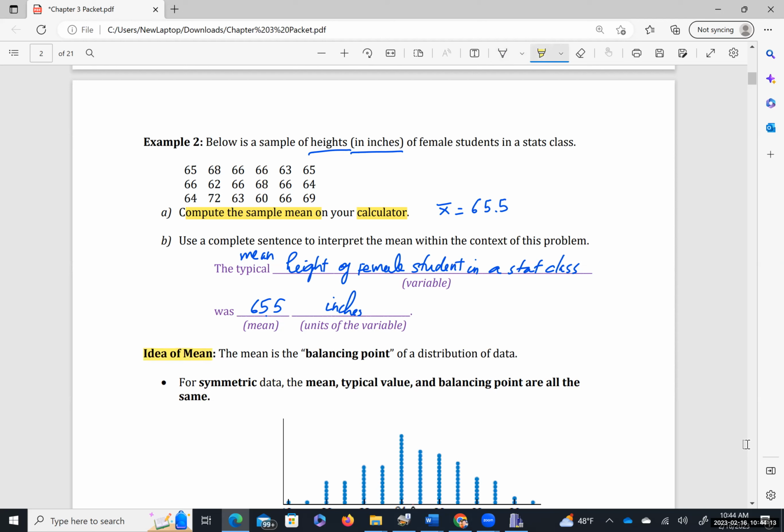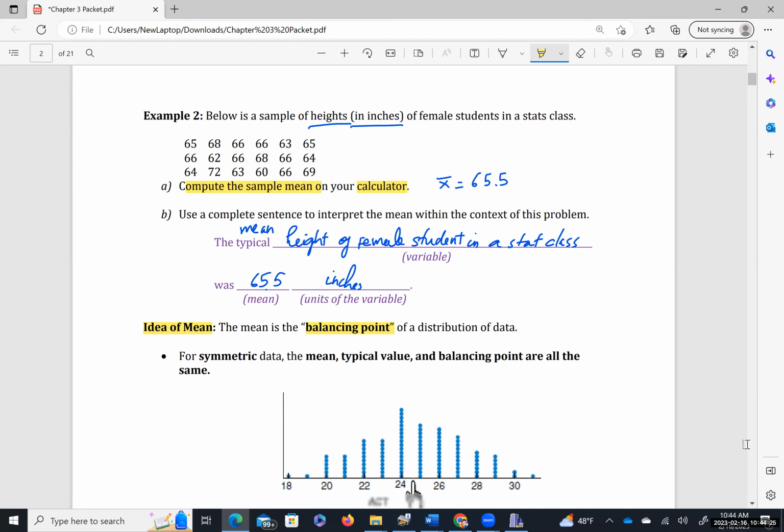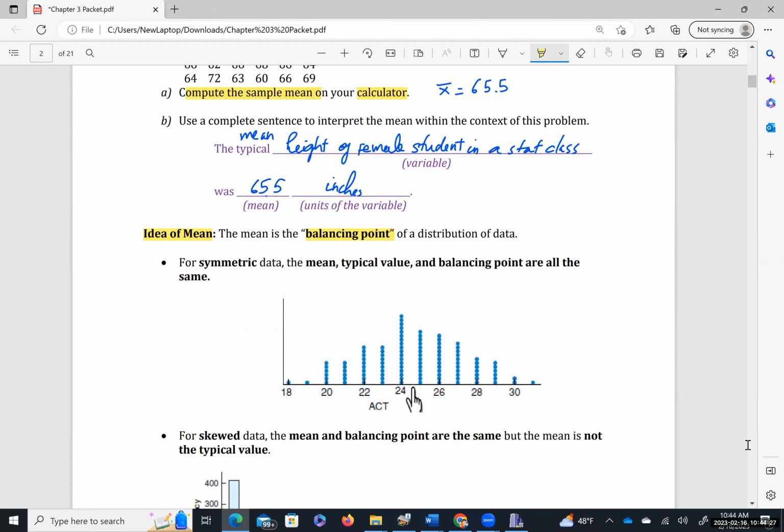So the idea of mean is the balancing point of distribution data. All right, so for symmetric data, the mean or the typical values and balancing point are all the same.